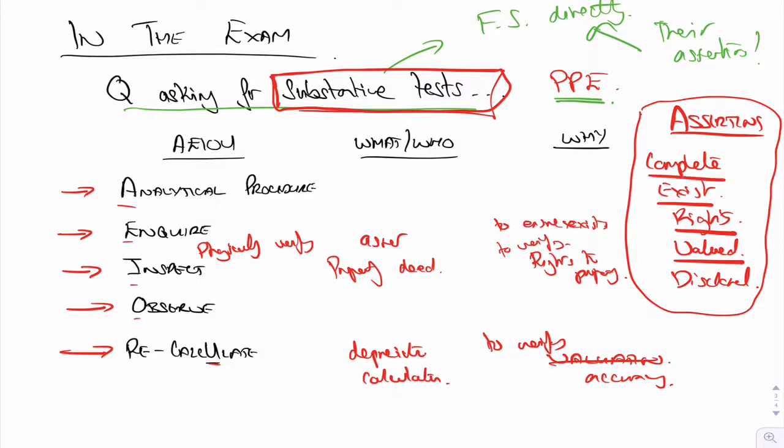How could I check that they're complete? Well, didn't I say I could inspect the repairs ledger to see if anything should be in capital, and therefore I'm checking completeness. Okay. Disclosure.